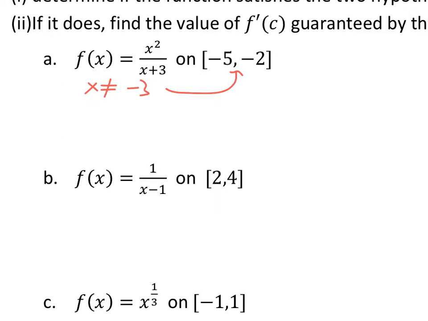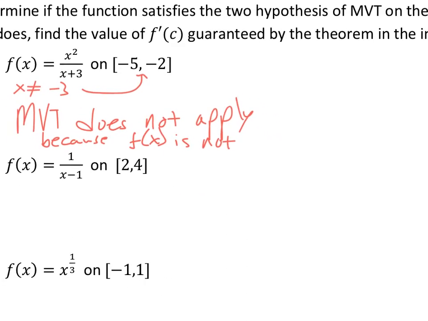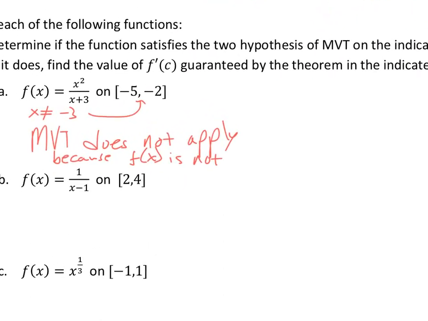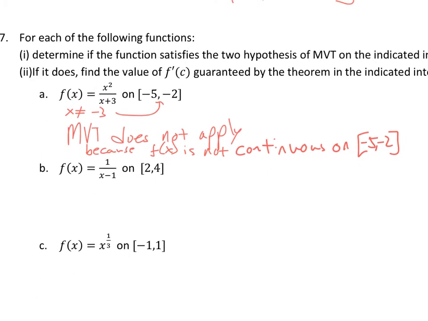So we can say MVT does not hold or does not apply because it's not continuous. It's got to be continuous and differentiable. So it's not continuous on the interval here. All right, that's the idea there.